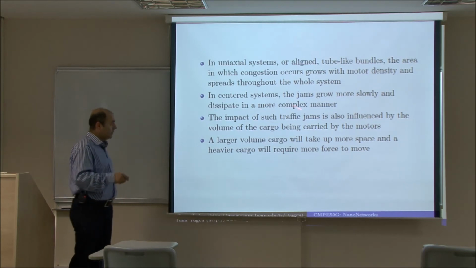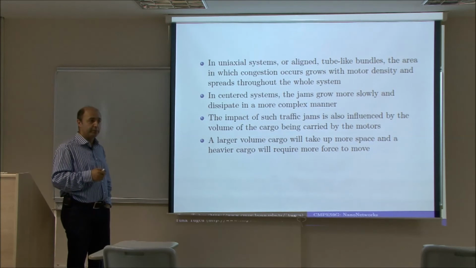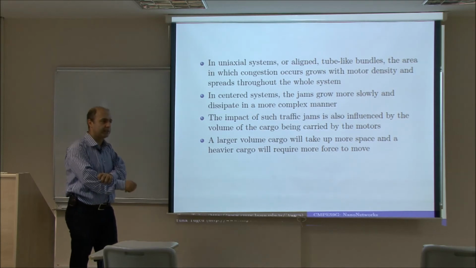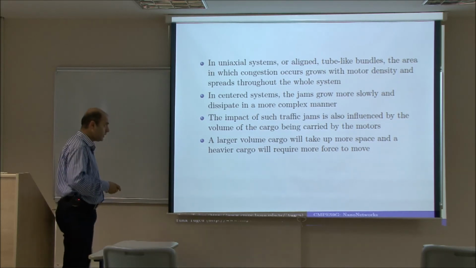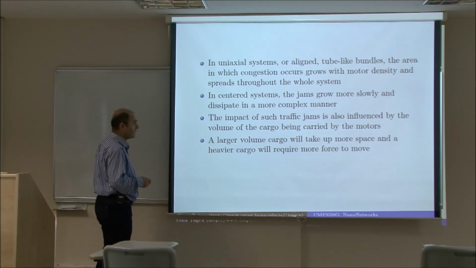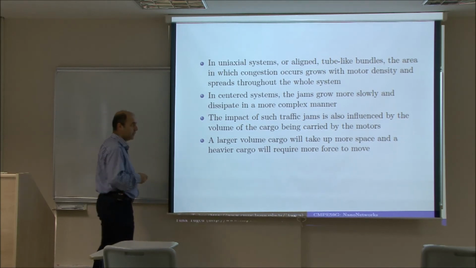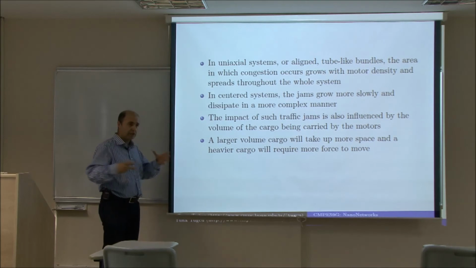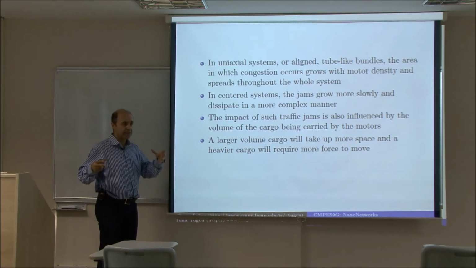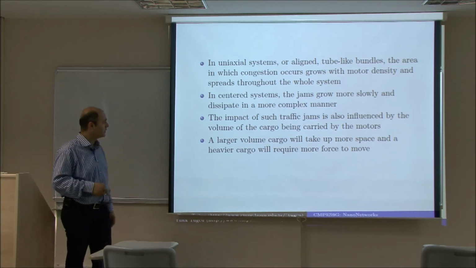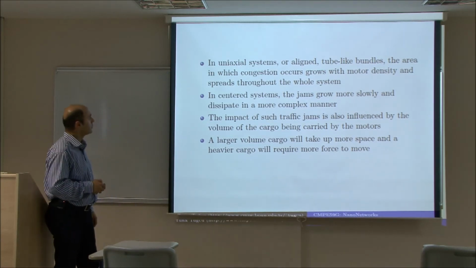The impact of such traffic jams is important on the strength at which a molecular motor binds to that binding site. So it's also influenced by the volume of the cargo being carried by the motors. The larger the cargo, the more traffic jam you will have with the same number of molecular motors, because those larger volume cargos will take up more space.